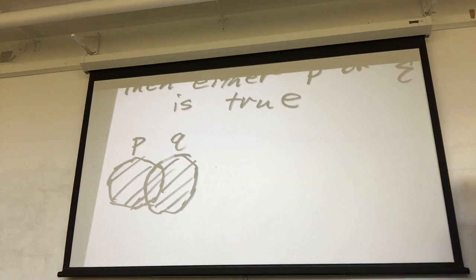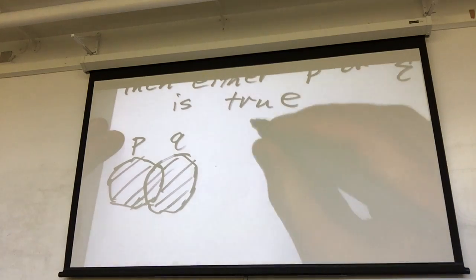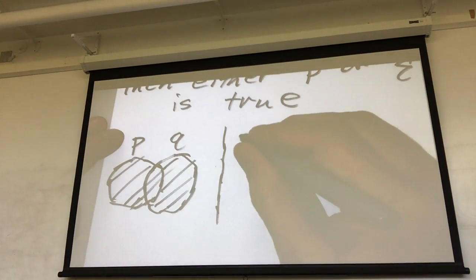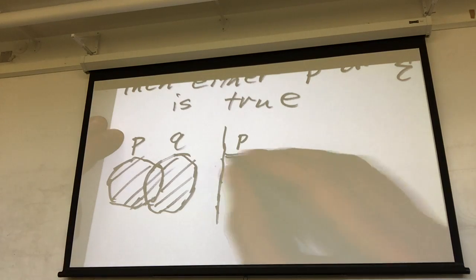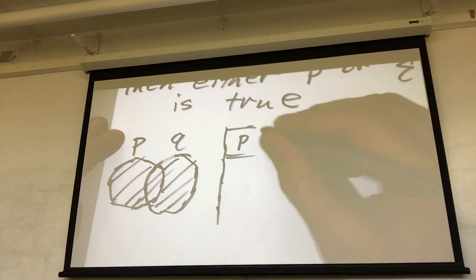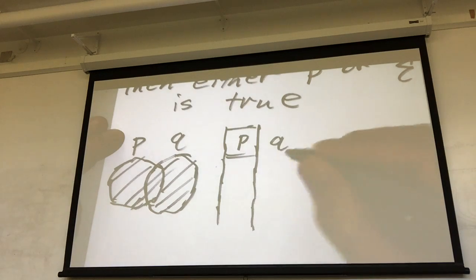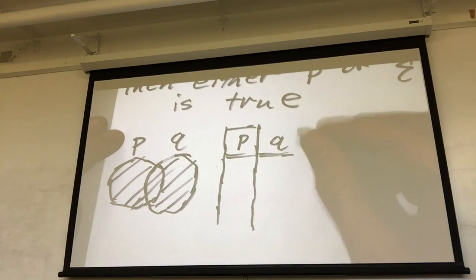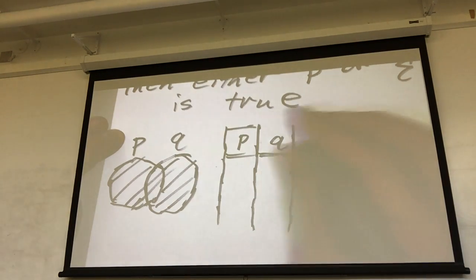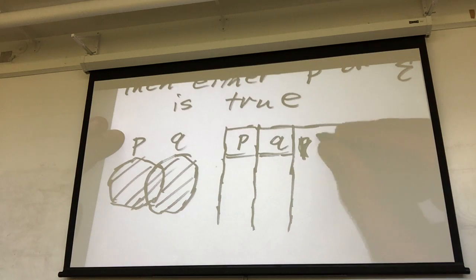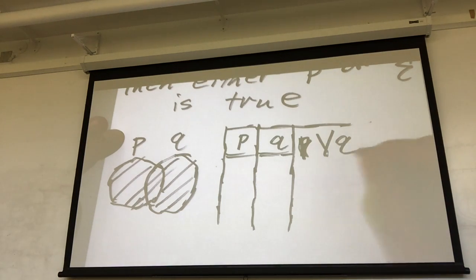So if we write this as a truth table, so P, I keep on writing what I'm thinking.